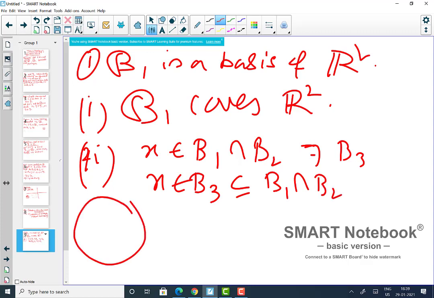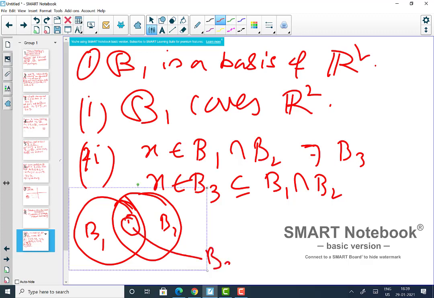Suppose you have two circular elements and a point X in their intersection. Then you can find another circular element B3 that contains the point, and you see that it satisfies this condition, right? So this property is always true, and B1 is a basis of R2 for some topology.